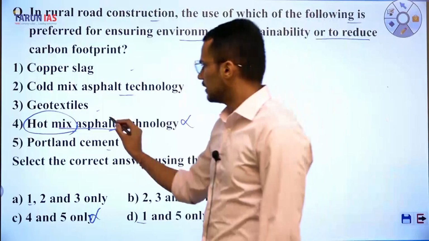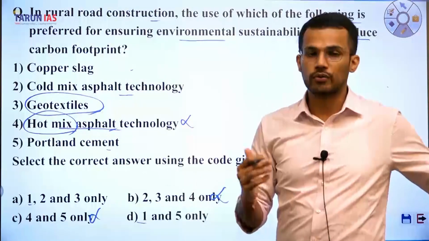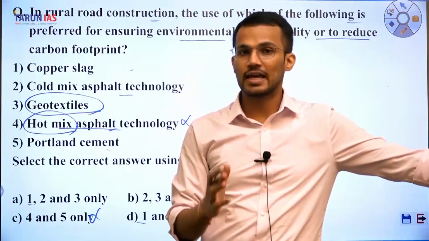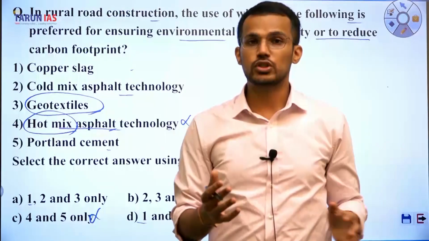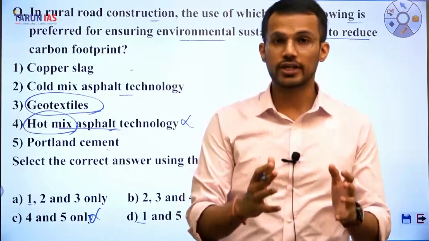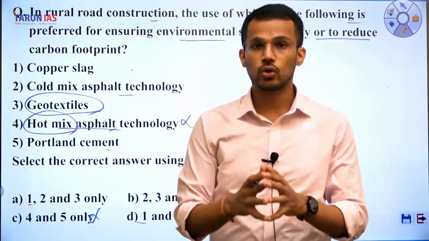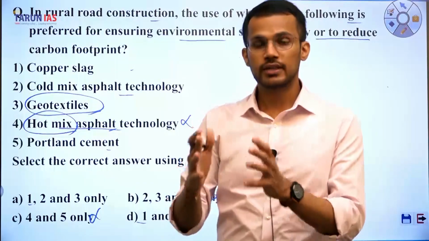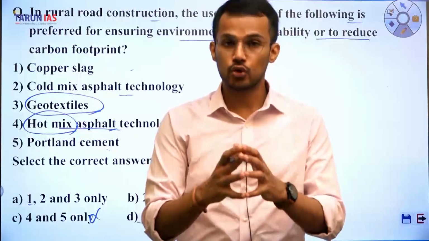Now, whenever we want to make sure that the road construction is environmentally friendly, we will use such material which will have natural origin, and geotextiles have natural origin. For example, jute or coir can be used; jute or coir is a geotextile.